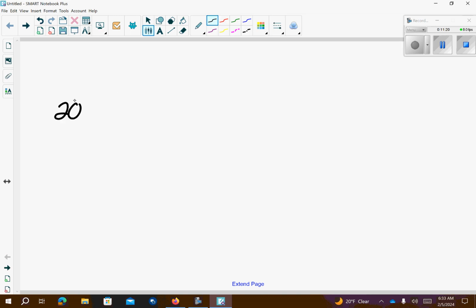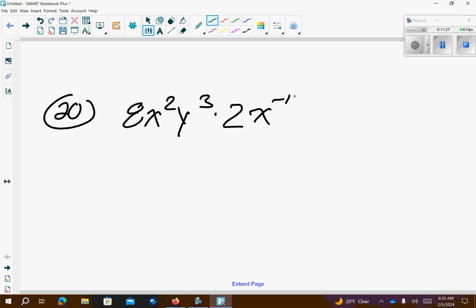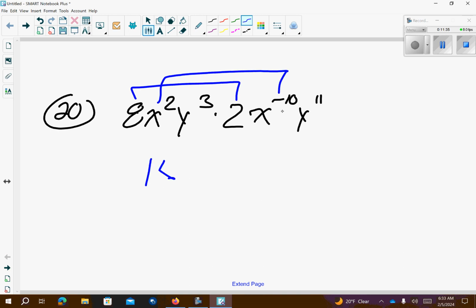Okay, number 20. We're going to get 8x squared y to the 3rd times 2x to the negative 10 y to the 11th. All right, so I'm going to have 8 times 2. That's going to give me 16. X to the 2nd and x to the negative 10. Add those together. So 2 minus 10 is going to give me x to the negative 8.